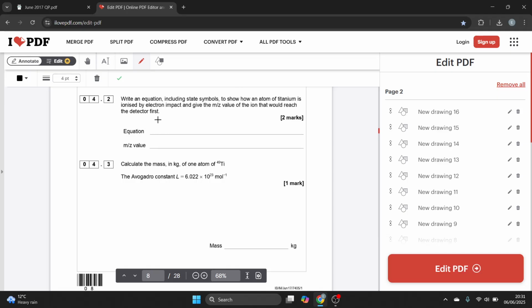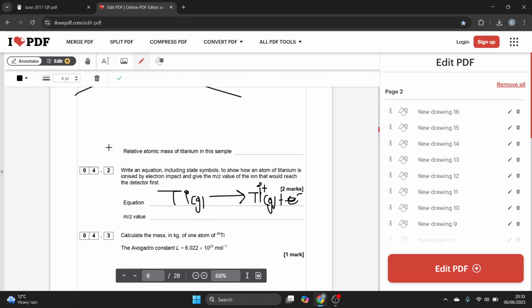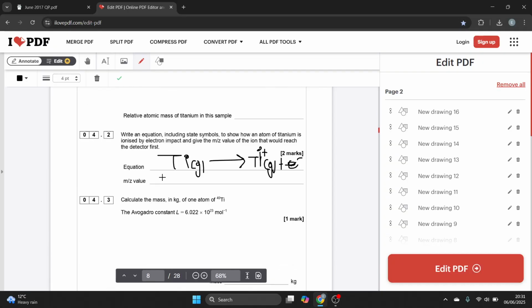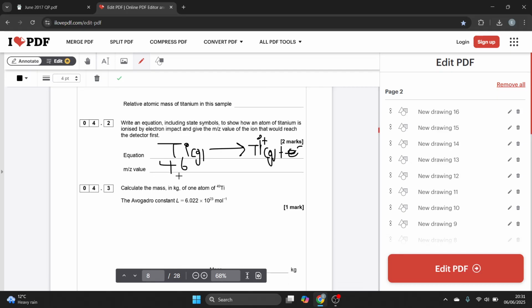So it's going to be Ti gaseous goes to Ti plus gaseous plus e minus. Perfect. And the one that would reach the detector first is the one with the lowest m/z value. So this one, which is 46.